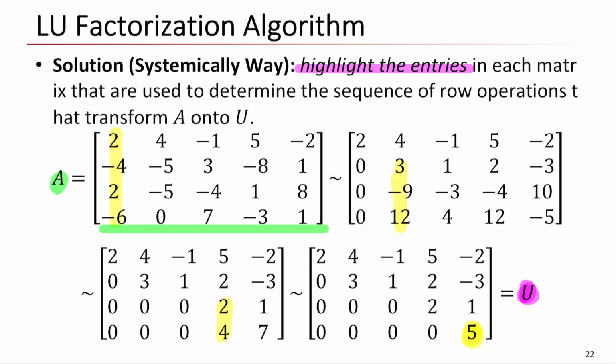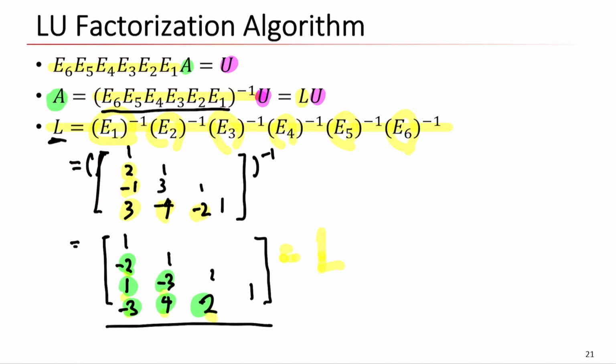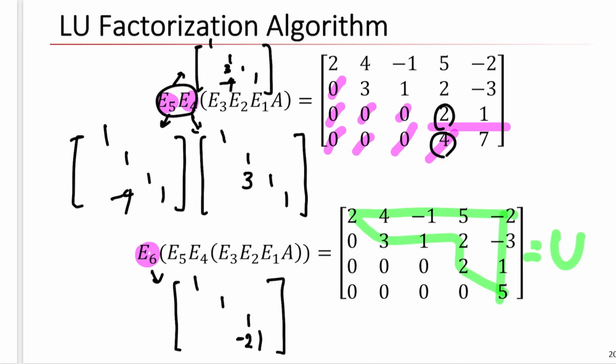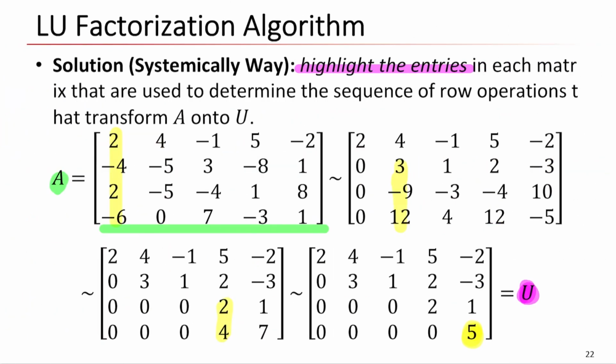Okay, but before using this kind of algorithm, please exactly remember and understand why we can get the matrix L from the row reduction algorithm. Okay, so this is because of the property of the elementary matrix. Okay, so please remember this whole procedure to factorize the matrix A into the LU matrices.